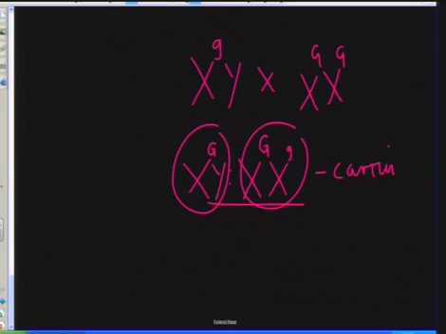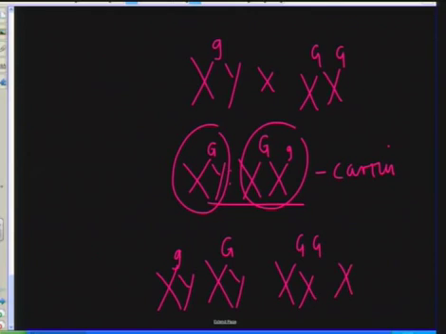In the next generation, the males could be affected or normal, and your females could be normal or they could be carriers.